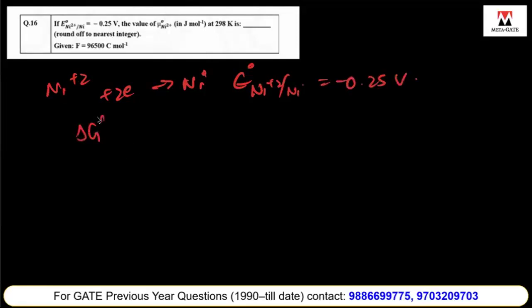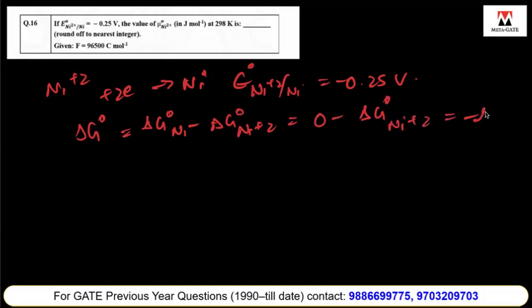You know delta G naught is equal to Gibbs free energy, delta G naught nickel minus delta G naught nickel plus 2. So for a pure solid this is 0, and delta G naught Ni plus 2 is equal to minus mu naught Ni plus 2. So you know delta G naught is equal to minus nFE naught.